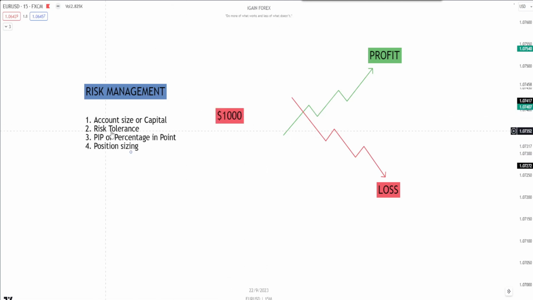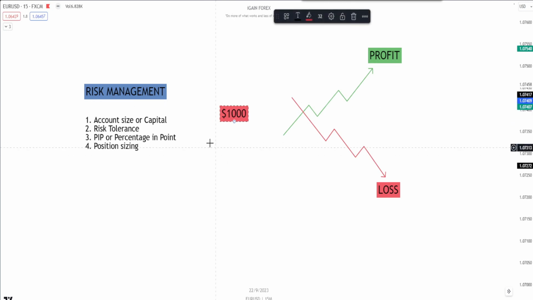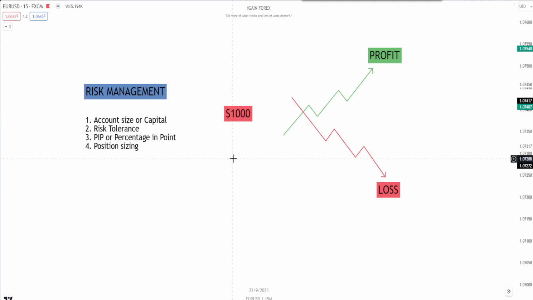So let's go to number two, risk tolerance. Risk tolerance is just how much percentage of our capital we are going to lose per trade. Let's say for example we are willing to lose only 1 to 3% of our capital per trade.